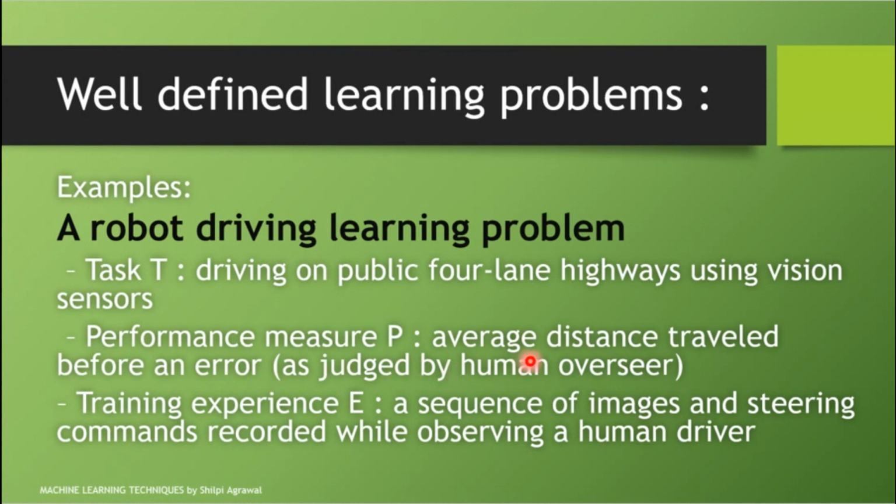So we can judge it like this also: if a human can drive a car or a robot can drive the same car and there is no distinguishable difference or error between them, we can say a robot can learn driving. So this is a well-defined learning problem.